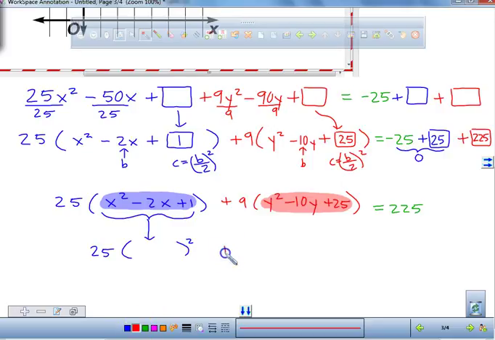And then you have to be able to take this perfect square trinomial and factor it. So what is this factor to, everybody? X minus 1 being squared. And what is this factor to? Y minus 5. So these are the correct factors right here for these perfect square trinomials.